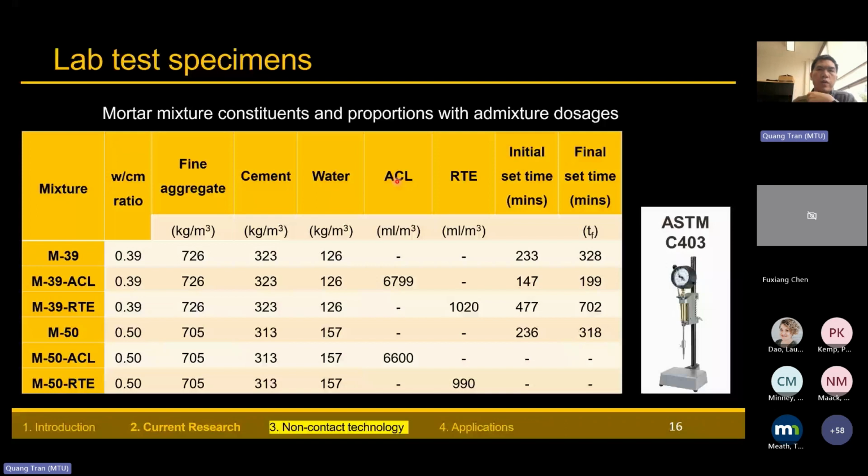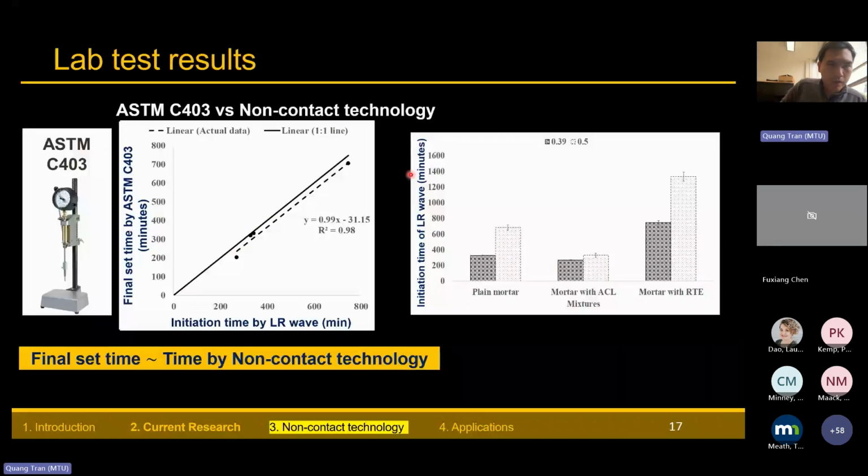And for all of them we ran the test with the pin penetration test, ASTM standard. And now here's the result. On the left figure is the correlation between the final set times that we determined by the ASTM standards, and the bottom horizontal axis is the initial time that we determined by the non-contact technologies.